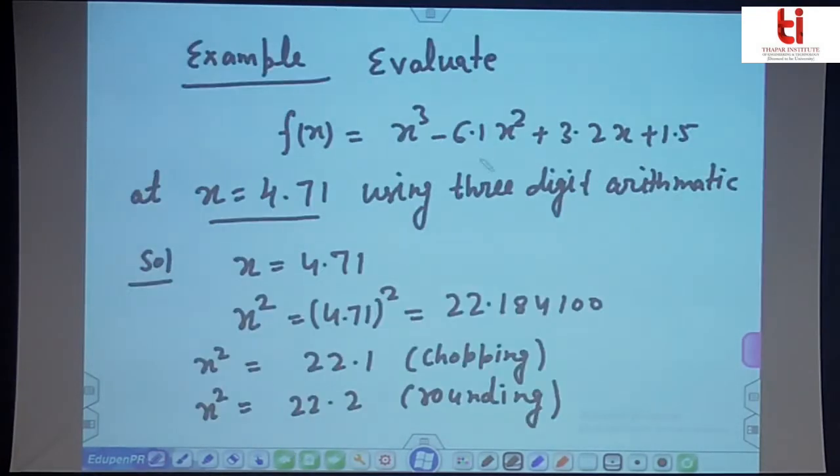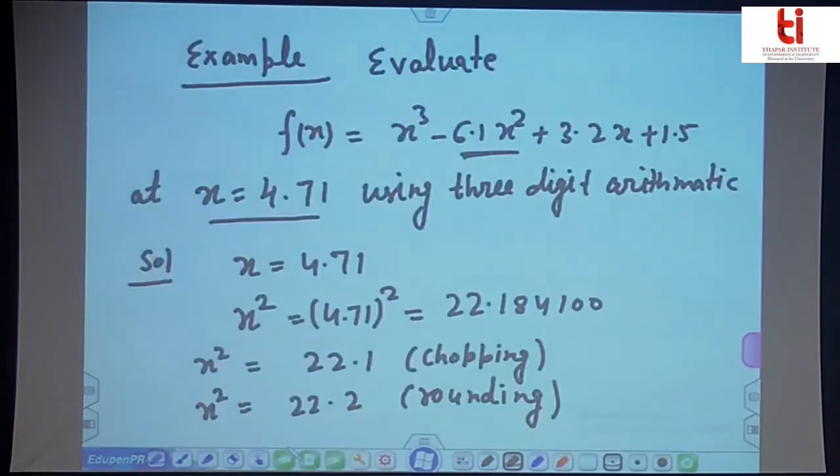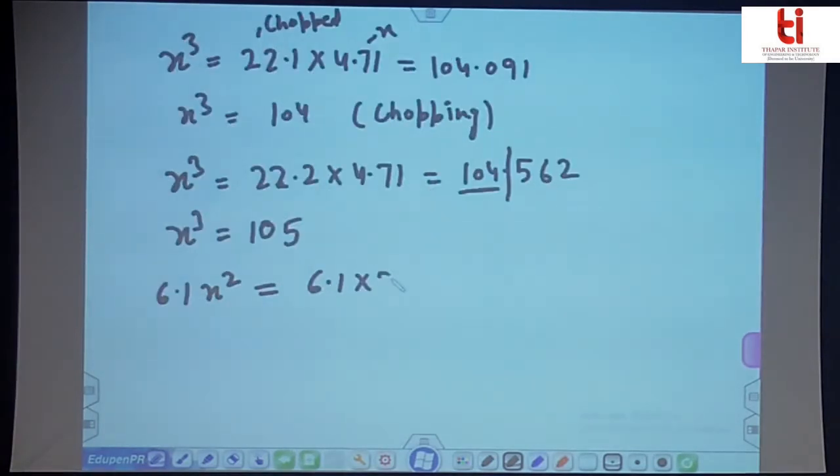Now 6.1 x square. This term we have to compute: 6.1 into x square. The x square value we computed previously by chopping, 22.1. The value comes out to be 134.81, and we truncate it, so this is 134 using chopping.